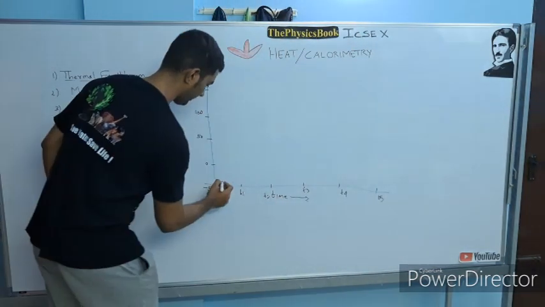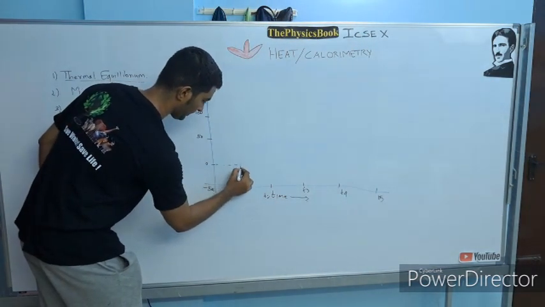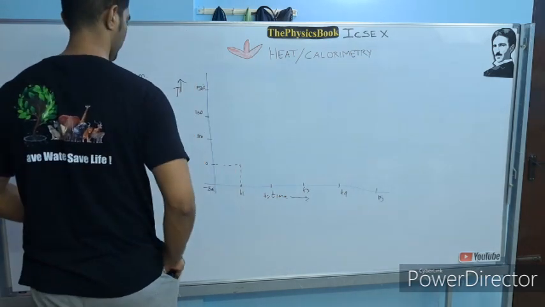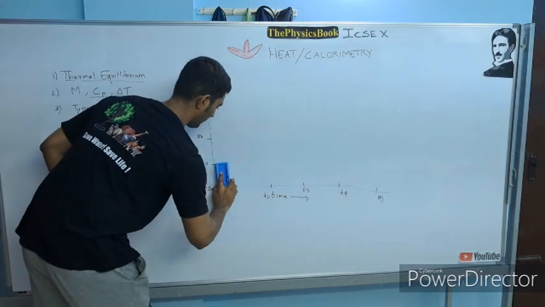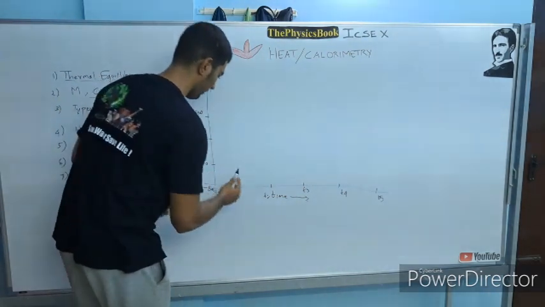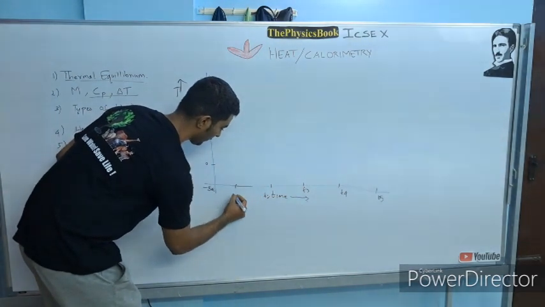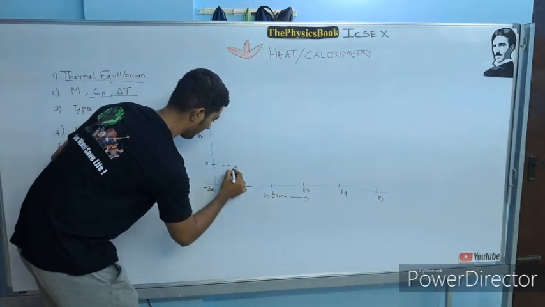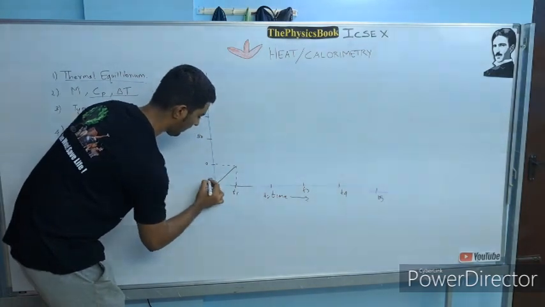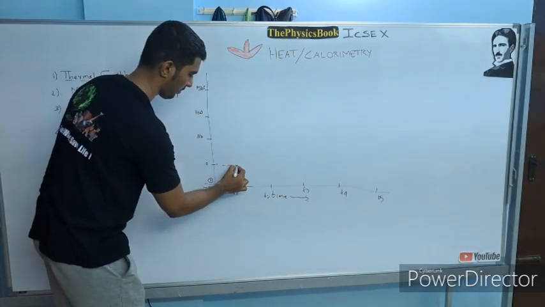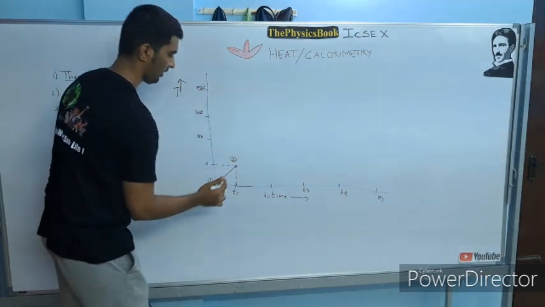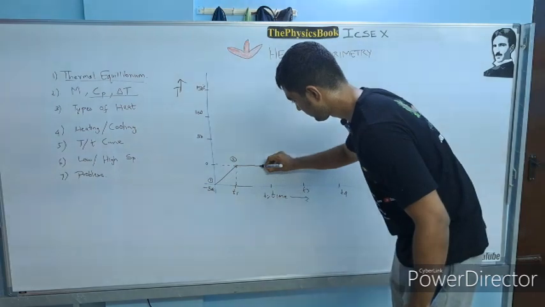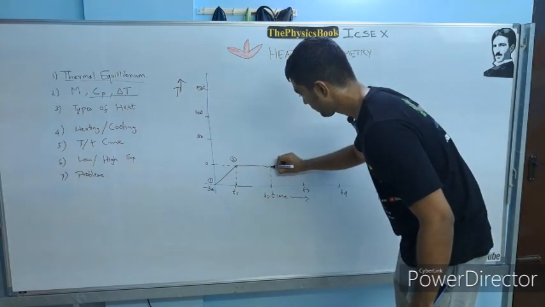Okay. So now what will happen is, why I am rubbing this has some reason. I will just tell you that. Assume this is T1. So this is your first state where you had ice at minus 50 degrees Celsius. Now you are going to ice at 0 degrees Celsius. Then again, you know that it's going to be a flat line till this point.